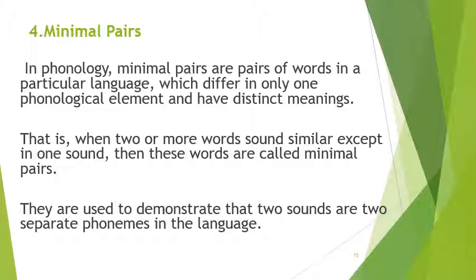In such a case, they may have different meanings. Minimal pairs are used to demonstrate that two sounds are two separate phonemes in English. We can see examples in the coming slides.